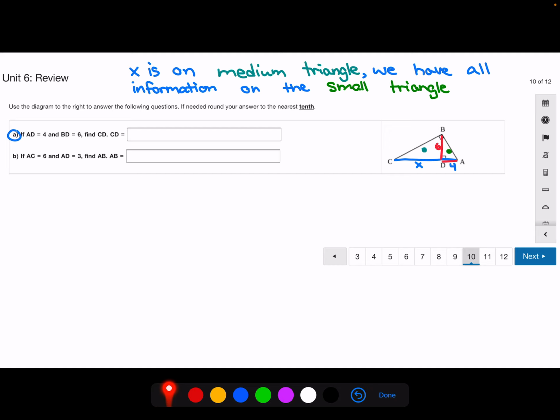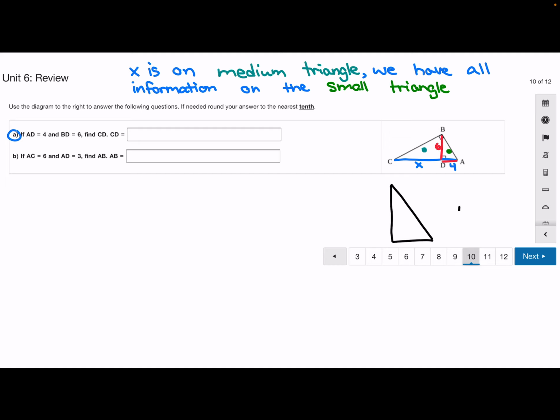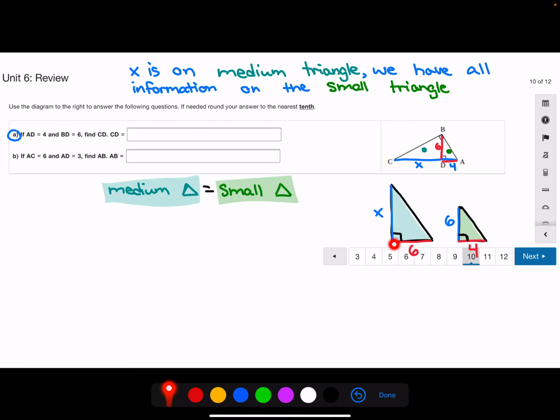Now I'm going to take both of these triangles and draw them down here so that they have the same orientation. They're facing the same way. So our medium triangle will have a long leg of X and a short leg of 6. And our small triangle, I just moved that down. It has a long leg of 6 and a short leg of 4.